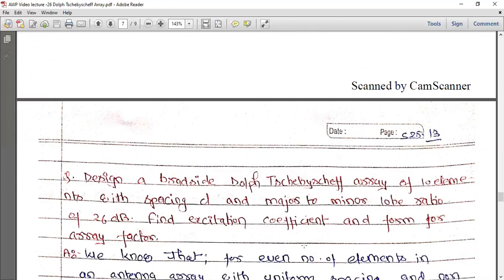Or you can say the minor lobe will be 26 dB less than the major lobe. If the major lobe is considered to be, suppose, 100 dB, in that case the minor lobe will be 100 minus 26 dB, that is 74 dB. So that's what is given to you, major to minor side lobe.